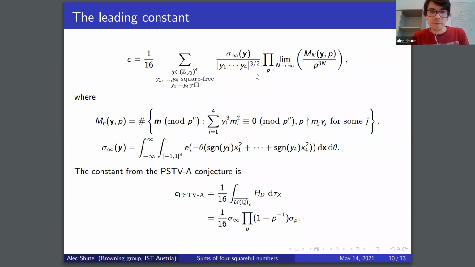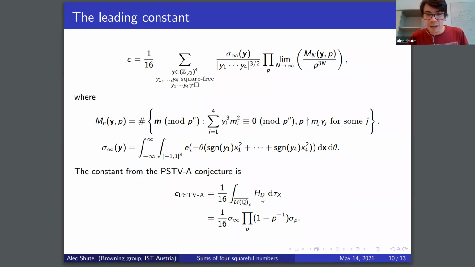Okay. So in contrast to this, we have an expression for a leading constant from the PSTV-A conjecture. In our case, it's this following expression. So this U_Q thing is supposed to be like the topological closure of the Campana points on X in the adeles.